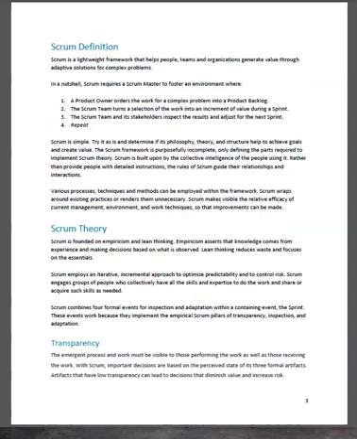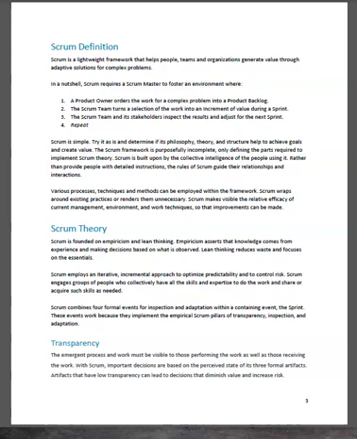Scrum definition. Scrum is a lightweight framework that helps people, teams, and organizations generate value through adaptive solutions for complex problems. In a nutshell, Scrum requires a Scrum Master to foster an environment where 1.